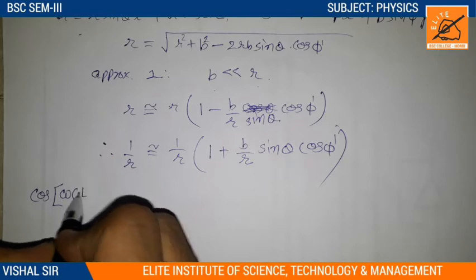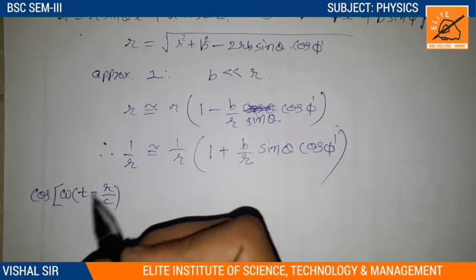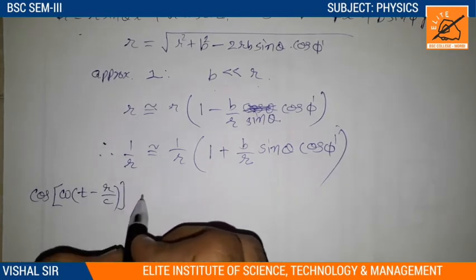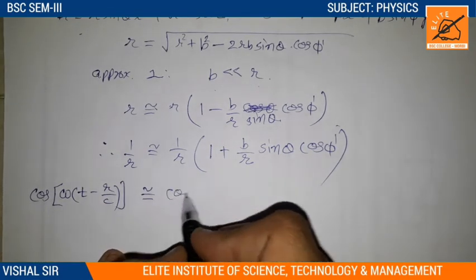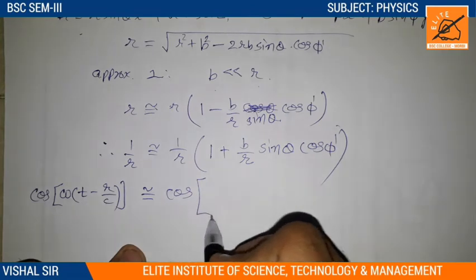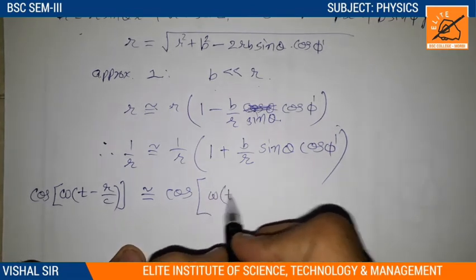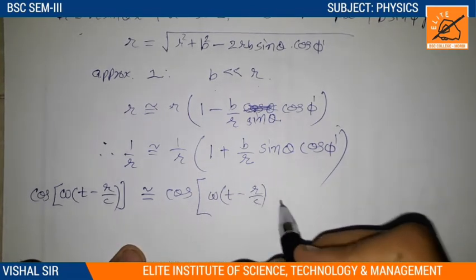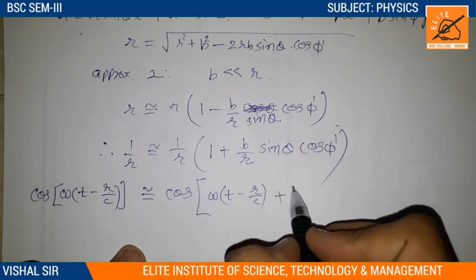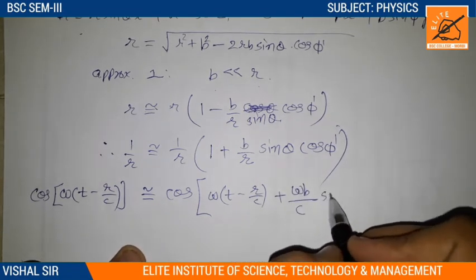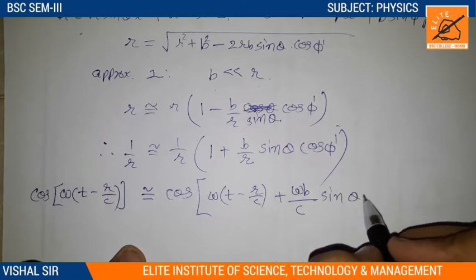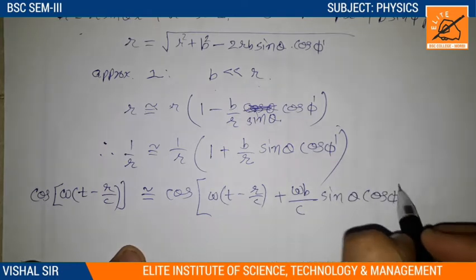Now another parameter required is cos omega t minus r upon c. Okay, so it will be approximately equal to cos the bracket omega t minus r upon c plus omega b upon c into sin theta into cos phi dash.